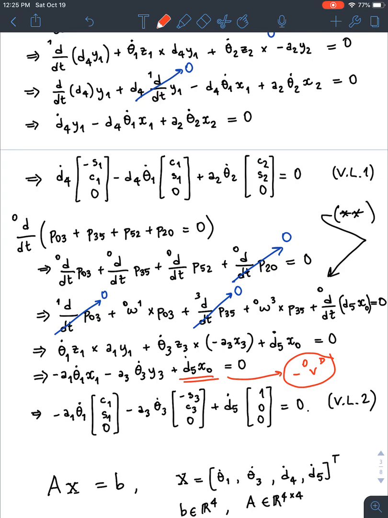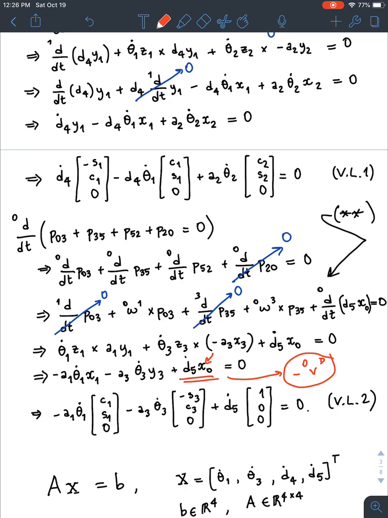Since this is the negative of velocity of D in 0, the acceleration of D in 0 is essentially going to be the derivative of that guy right there in 0th frame, which is d5 double dot x naught plus d5 dot ddt in 0 of x naught. Now ddt of 0 in 0 of x naught is 0.